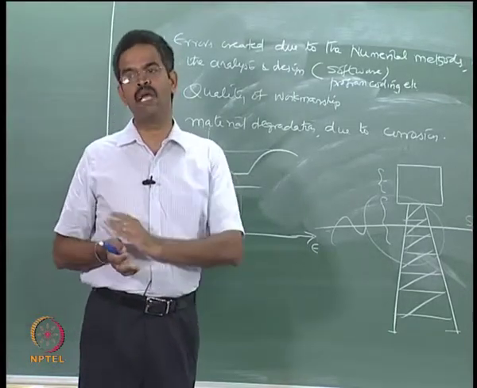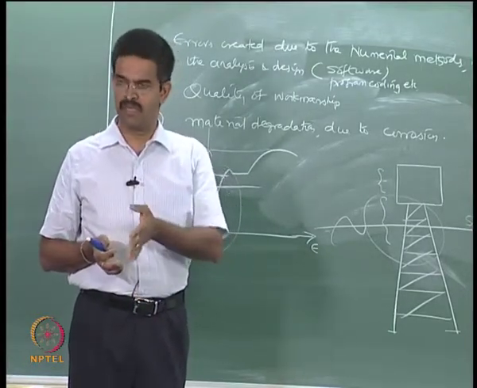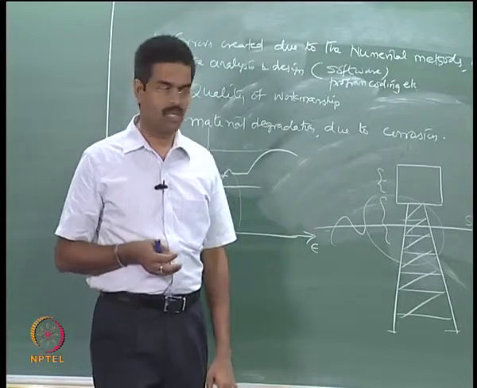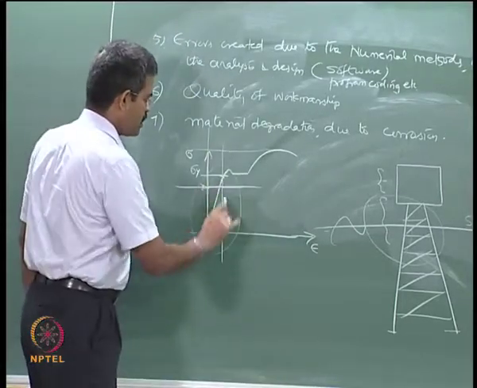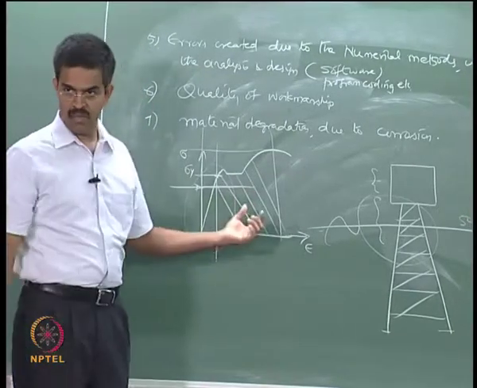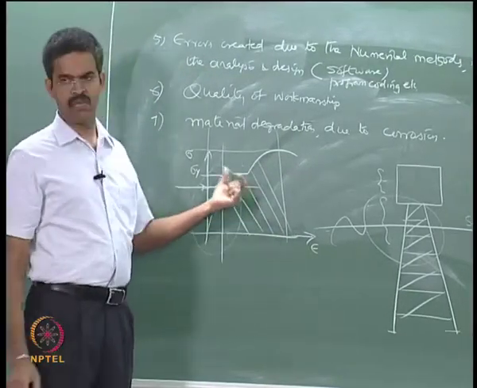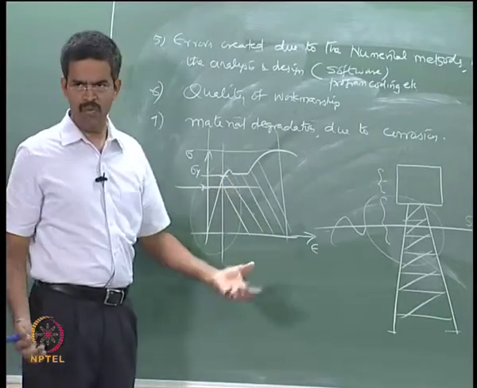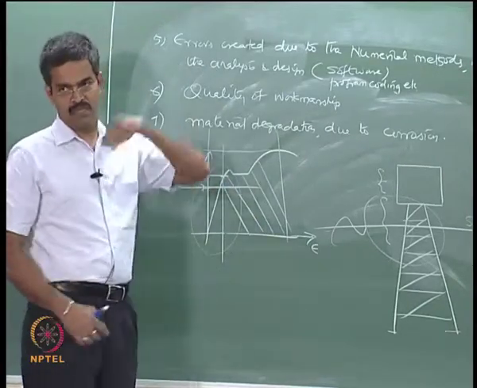Then later people realized, in the early 70s and late 80s, that we are wasting a majority of the strength of the material, which has a high reserve energy beyond a specific point. Why do we waste this? Can we capture this?